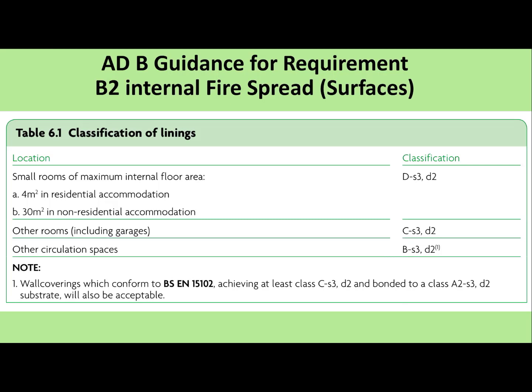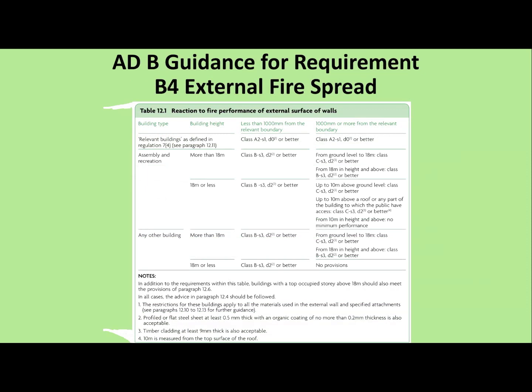Circulation space is Class B, which was the old Class 0, and other rooms, Class C, which used to be Class 1. And there are small exceptions to the rule where you can have Class D. So that's the guidance in relation to B2.